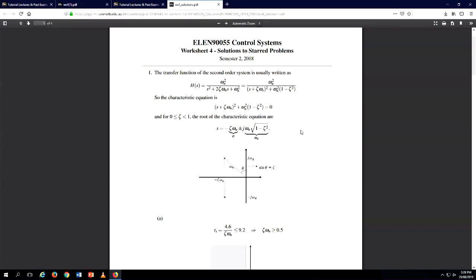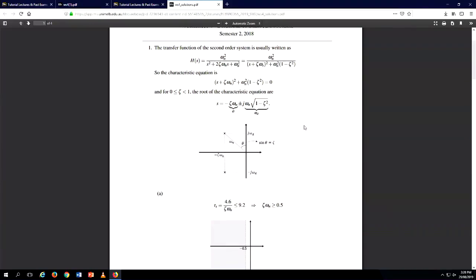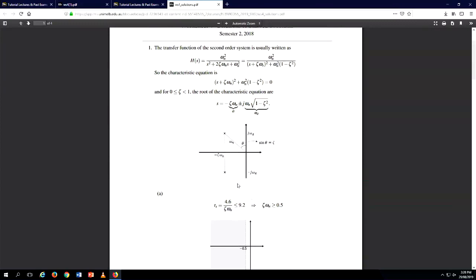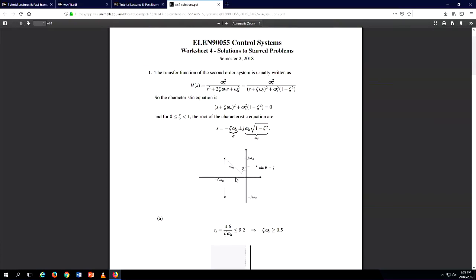In the lecture notes, we presented several formulas for the relationship between settling time, rise time, and overshoot, and various properties of the poles.